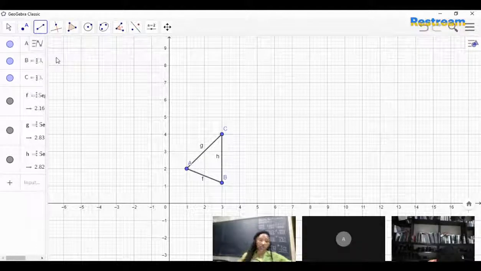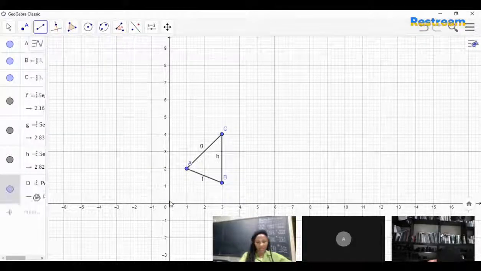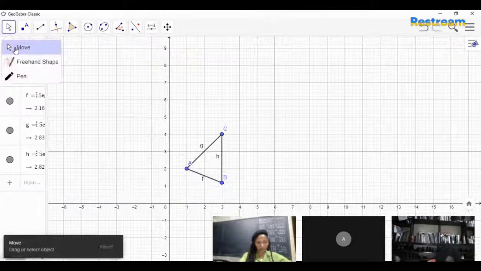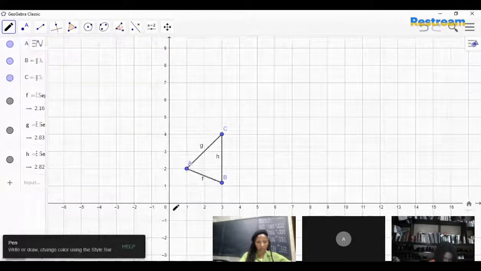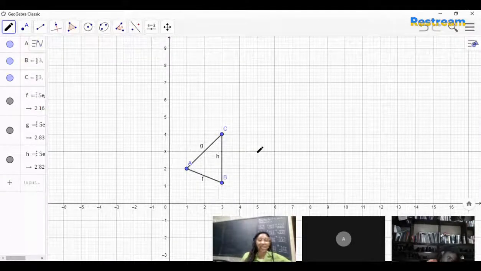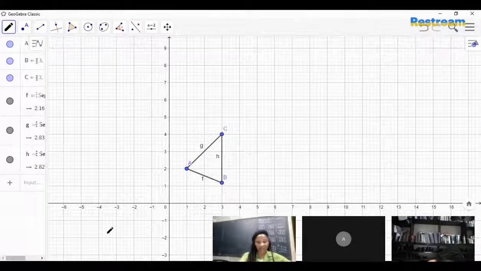So we have what we call a scale, and we have what we call a center of enlargement. Oftentimes you're told that the center of enlargement is the origin.